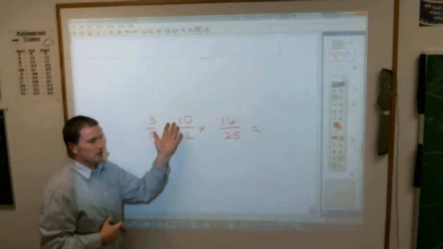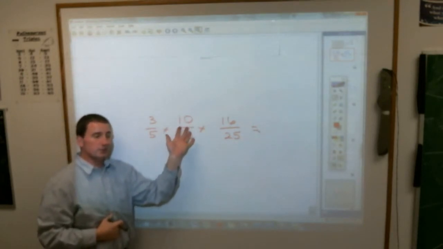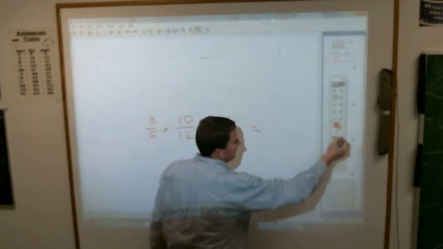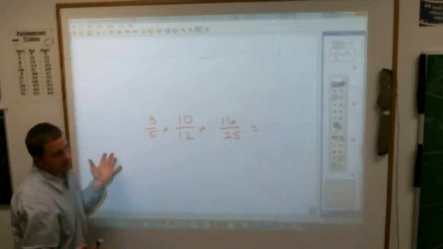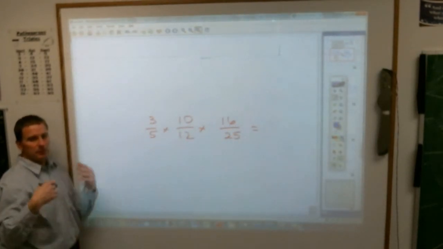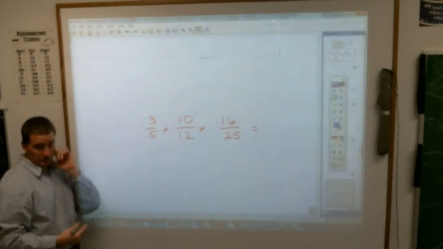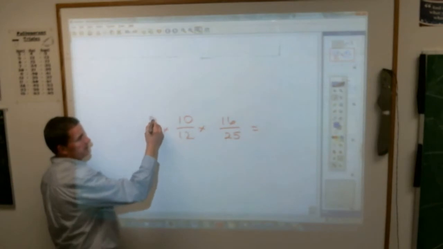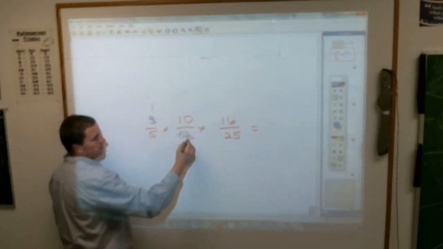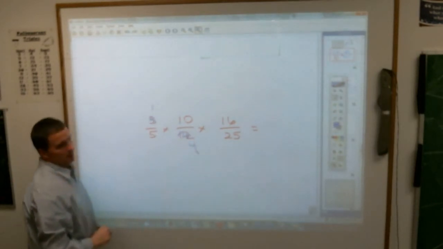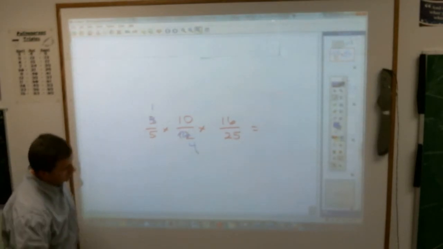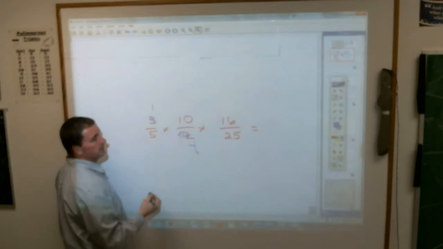But if you look at this and say to yourself, can I reduce before I multiply? Can I cross cancel? I like to call it that. What on top could be reduced by something on the bottom? Elijah? 3 and 12. Okay, and you just say it like this: 3 goes into 3 once, 3 goes into 12 4 times. Drew, you can do what? 5, with the 10.